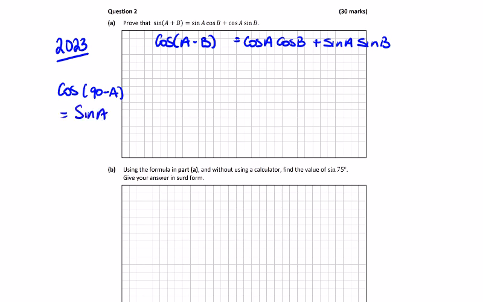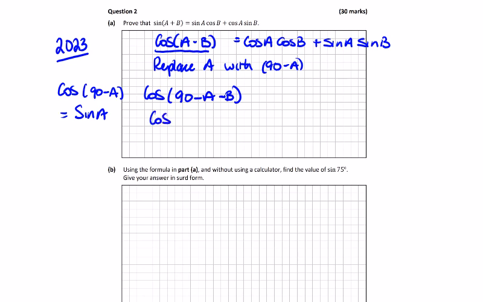So what we do here is we replace A with 90 minus A. So write that down. We're going to replace A with 90 minus A. So this part becomes the cos of 90 minus A minus B. And we just simplify that on its own for a second.